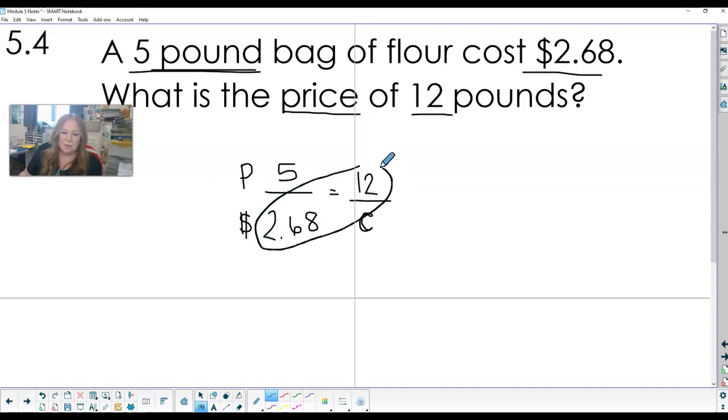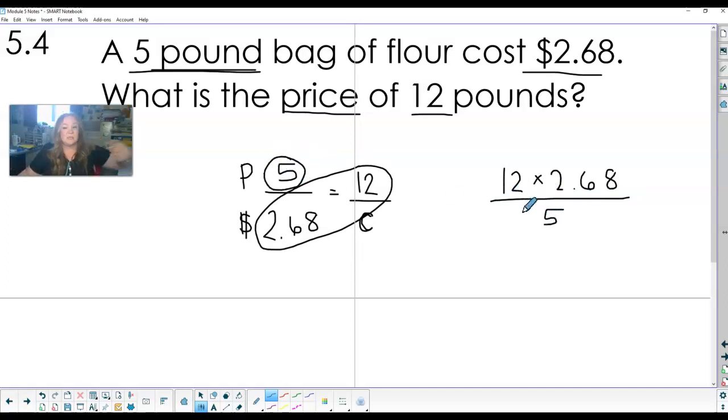So I'm going to take 12 times 2.68, and I'm going to divide it by the other one, which is 5. And that is going to give me C all alone. So I crisscross multiply and divide here because I want C by itself.